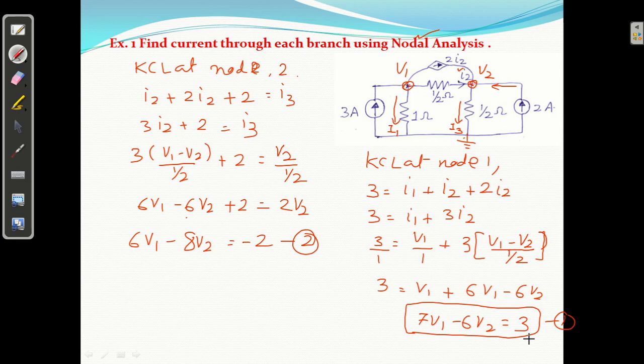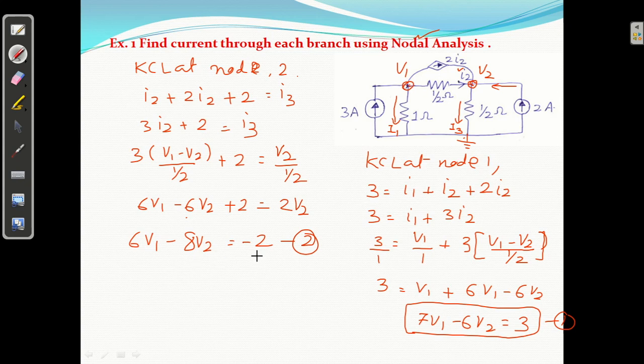Press equal, you get A2. A2 is 6. Press equal, you get B2, which is minus 8. Press equal, you get C2, which is minus 2.